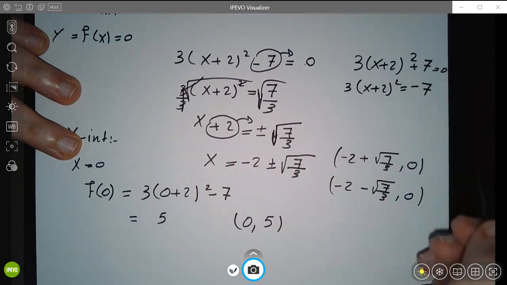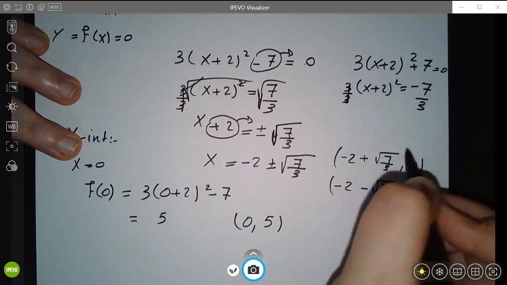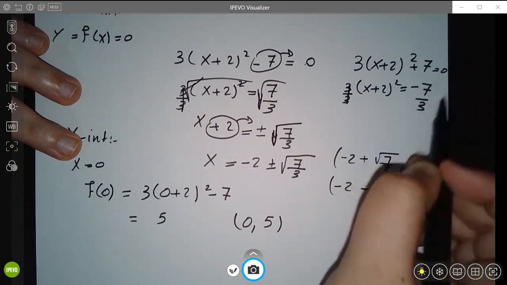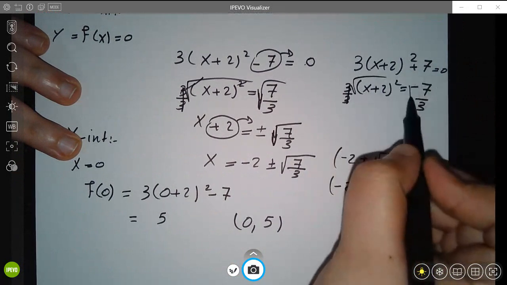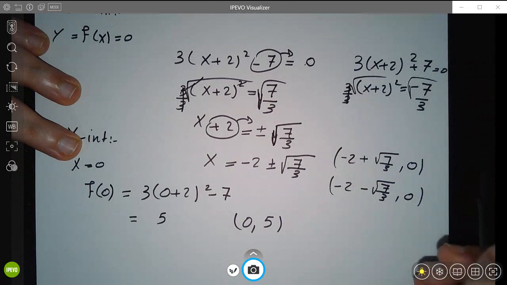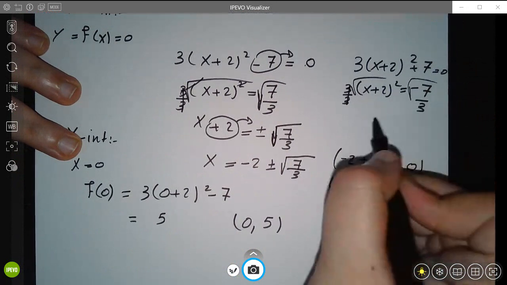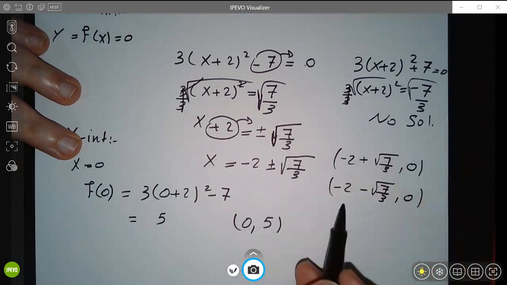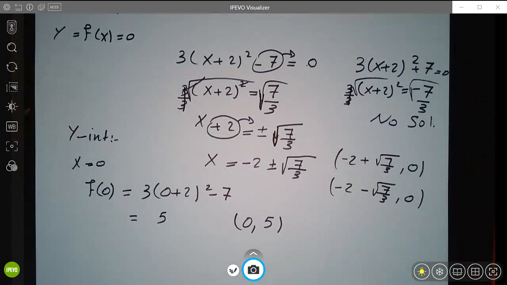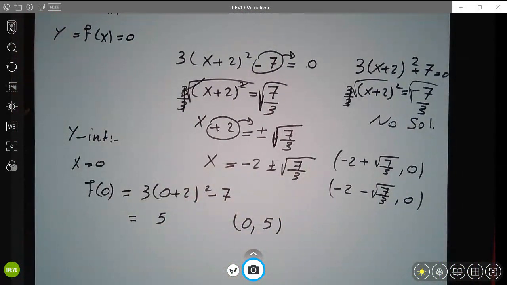Now you have a problem, because even after you do the division like this, the number over here is still negative, right? So take the root, we have a problem. We have a negative underneath the square root. Make sense? So there's no solution. And since there's no solution, you obviously can't get the points. Make sense? So no intercept is when you can't solve it, whether for x or y.